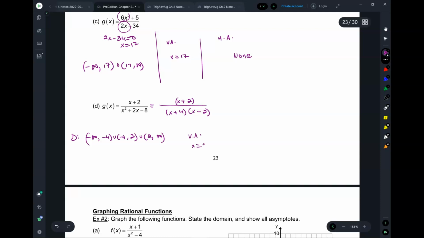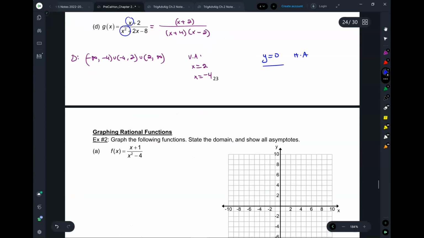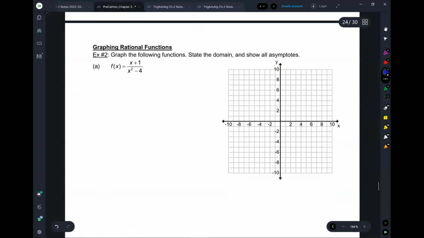So it's x equals 2, x equals -4. And now, for the horizontal asymptote, go back to the original function, right? And so it's y equals 0. Cool?